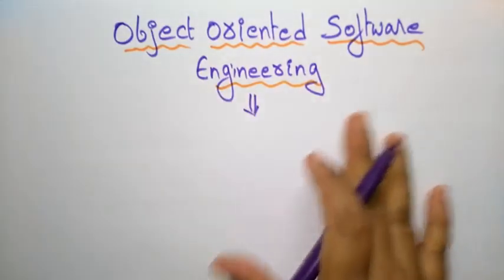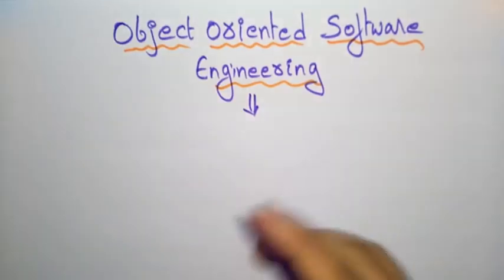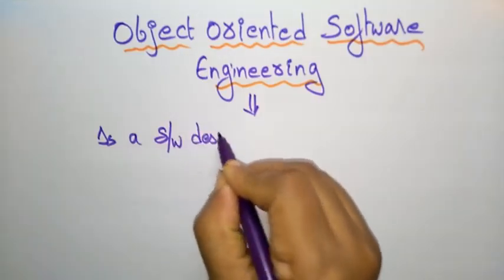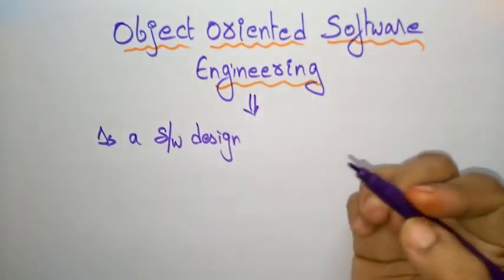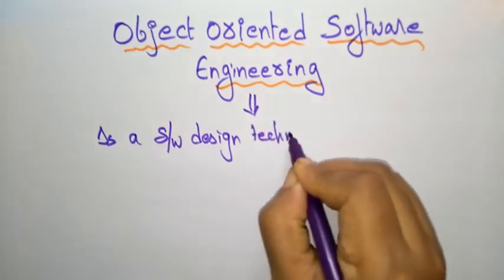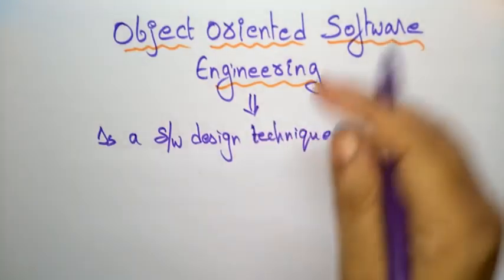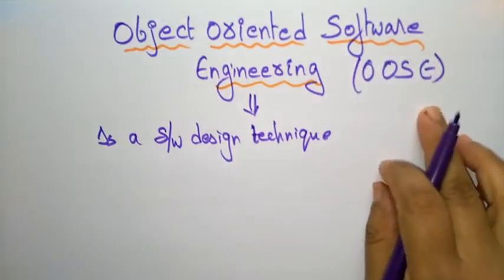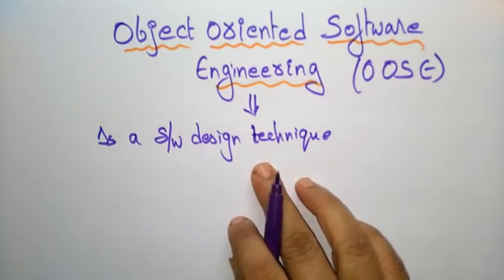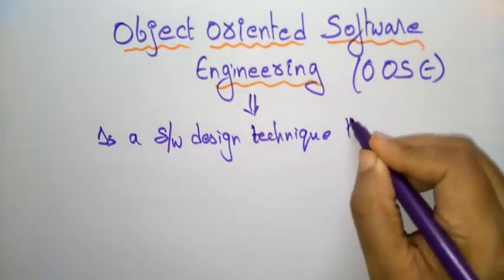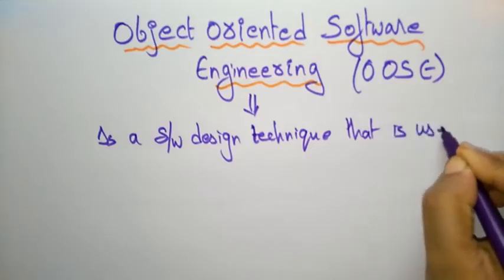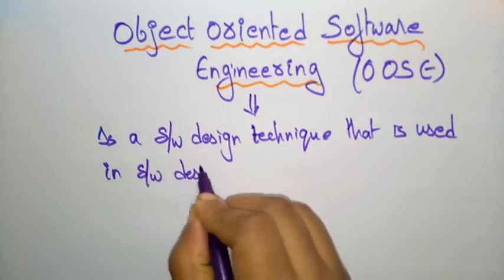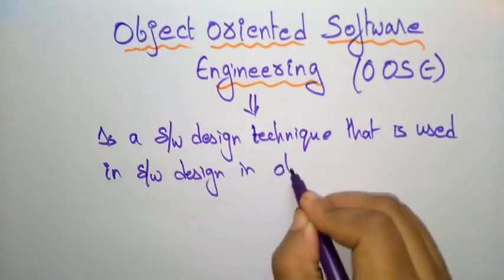Object oriented software engineering is a software design technique. So OOSE, the object oriented software engineering, is a software design technique that is used in object oriented programming.